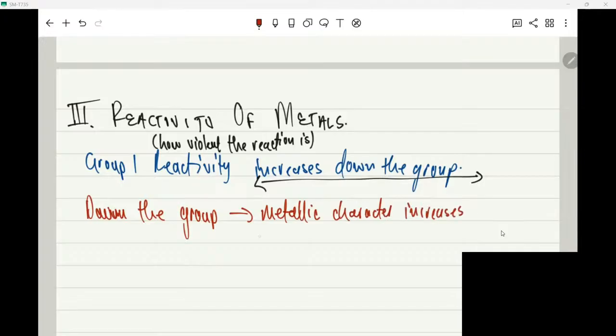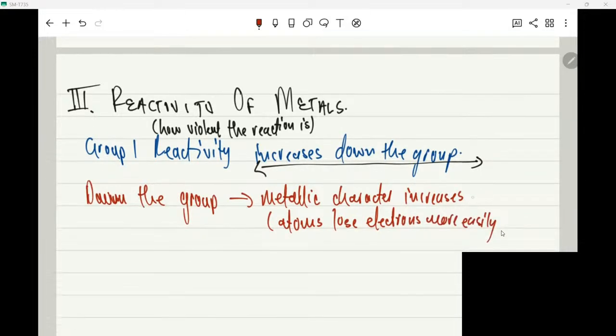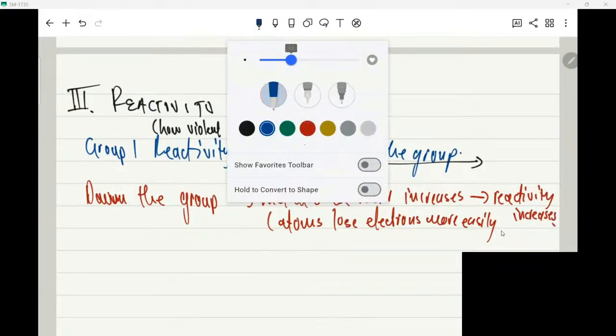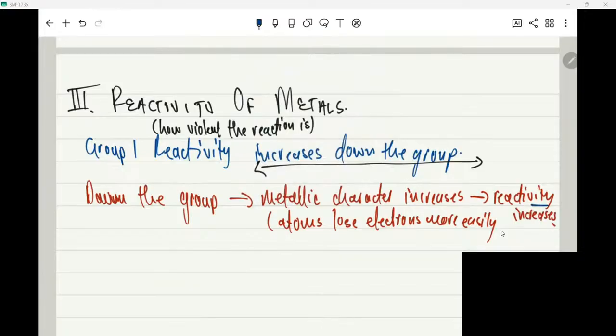If metallic character increases, it means atoms lose electrons more easily. That also means the reactivity will increase, so you're going to have faster reactions. Electrons are easier to lose, so reactivity increases.